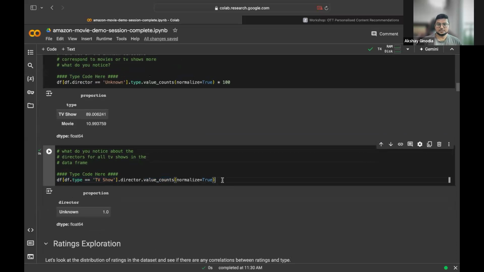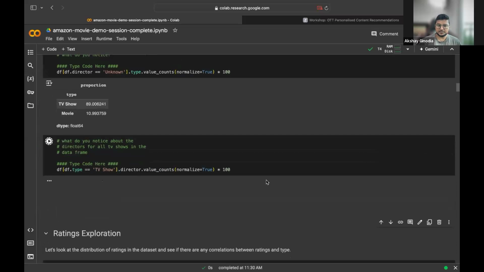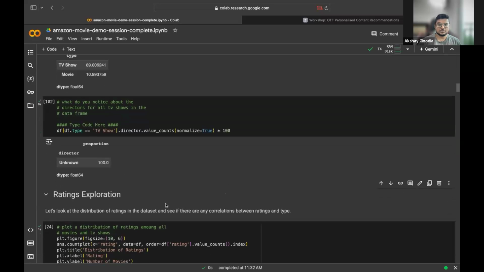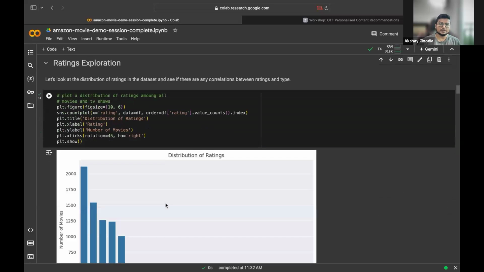Using normalize equals true, it gives me a fraction, multiply by 100, that gives me the percentage. So out of the TV show, what is the distribution of director? Looks like all of them are unknown. So I do not know about any directors in the TV show. That's what it means. Okay, so this column is pretty much meaningless for TV shows. So it's a good thing that we found out early.